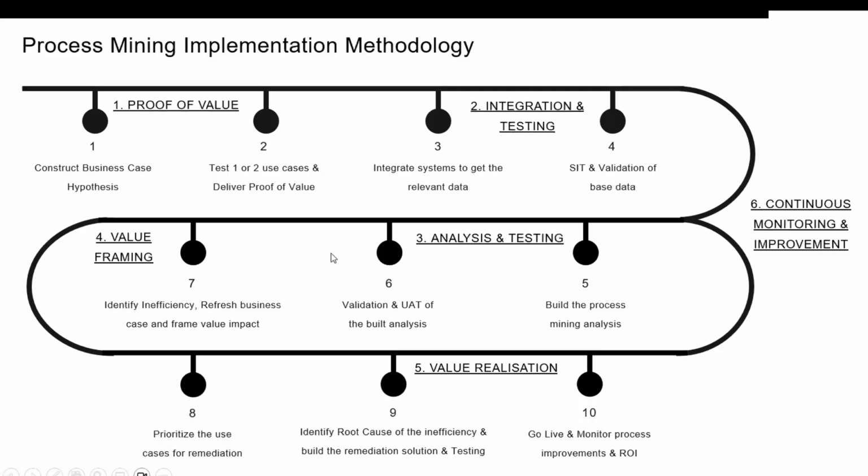The first value framing is done within the first year, and the remediation, depending on its complexity, might take 3 to 6 months, depending on the number of use cases. Within a year to a year and a half, the company would start realizing the value. If some pre-built apps are ready, we can directly deploy them, and the value realization becomes faster.